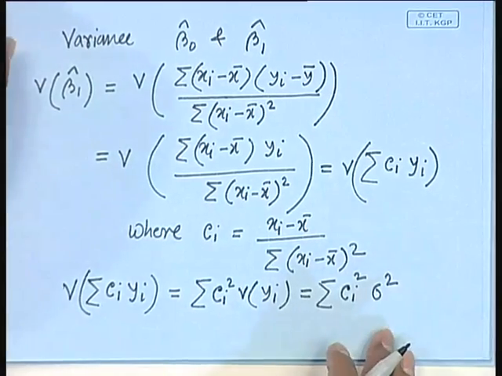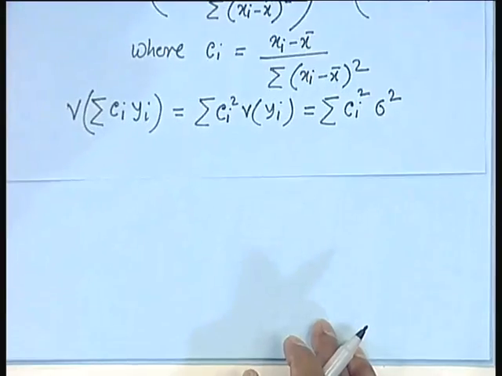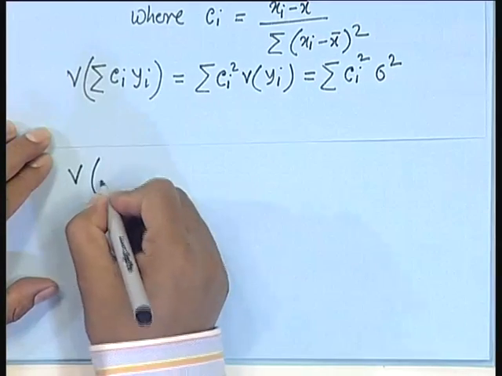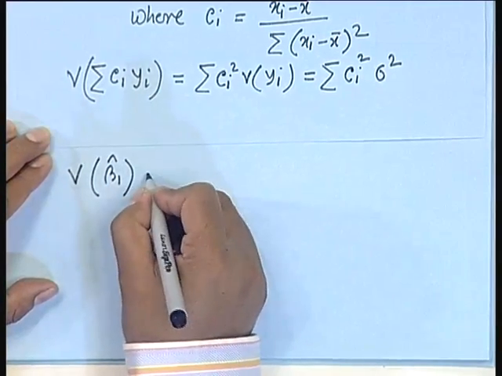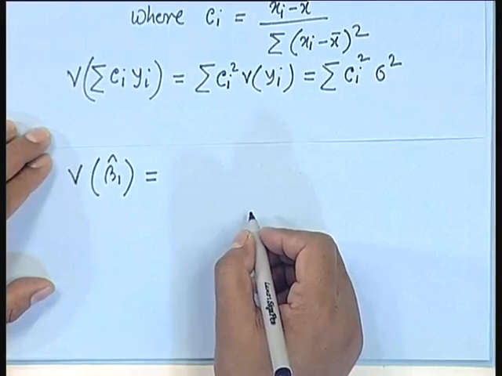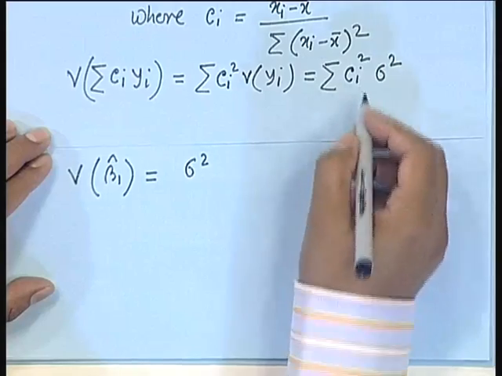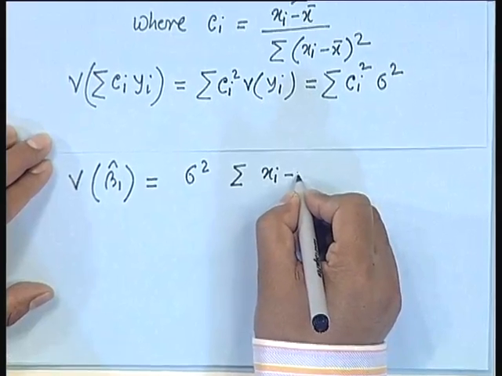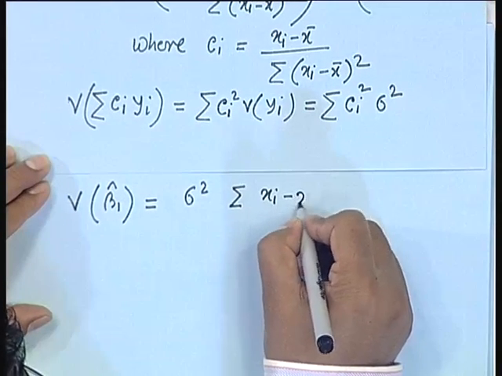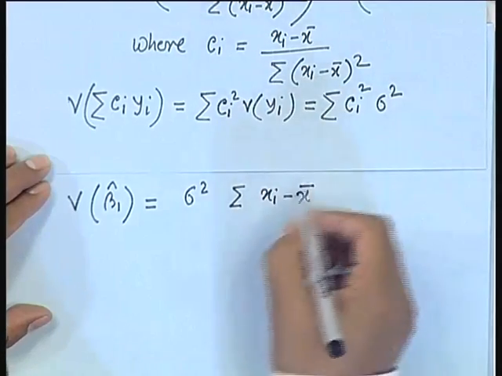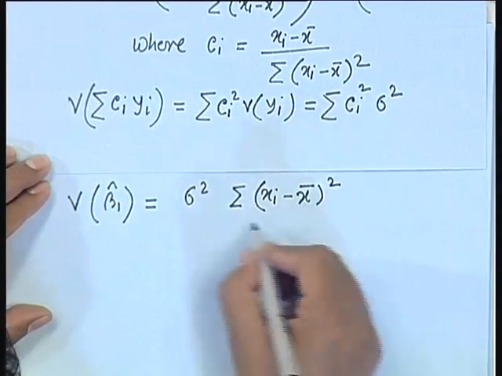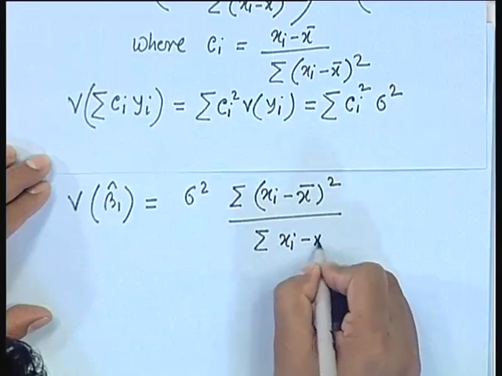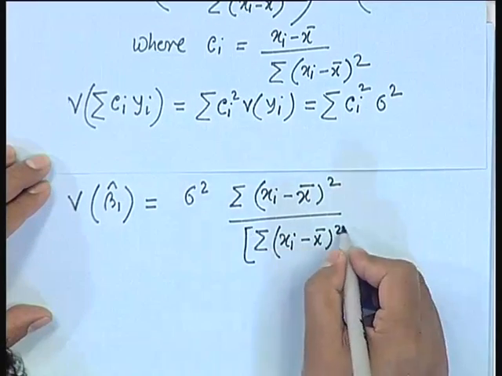Now, what is summation ci square? So the variance of beta 1 hat is equal to sigma square into summation ci square, which is equal to summation xi minus x bar whole square by summation xi minus x bar whole square, and square of the whole thing.